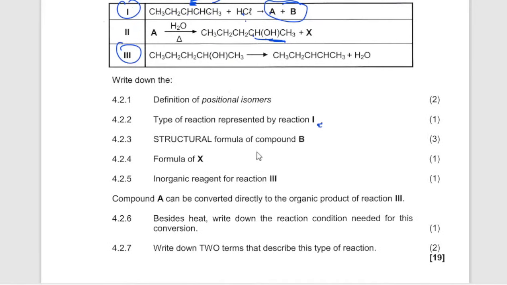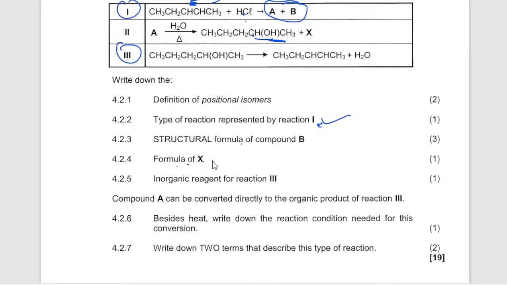Yeah, so we are done with this, ne? And then we go to this one, saying write the structure formula of compound B. Okay, we are done with that.